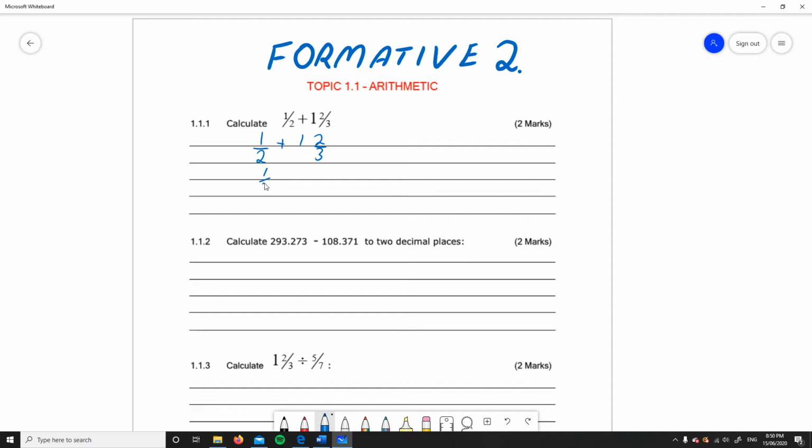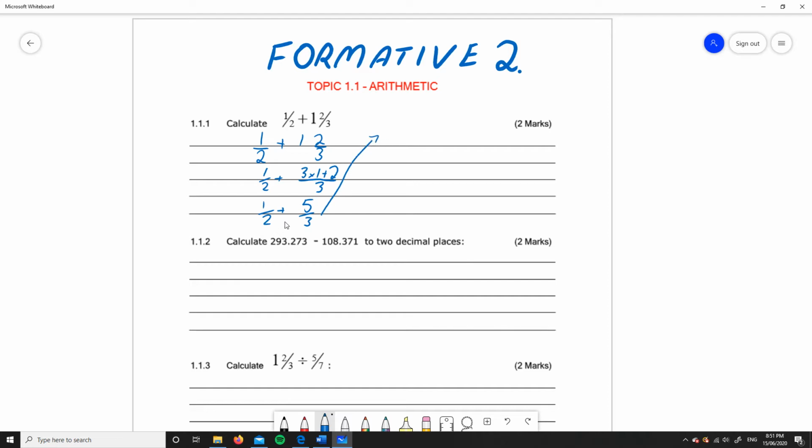So that would be 1/2 plus 3 times 1 plus 2 over 3, which essentially makes it 1/2 plus 5 over 3.